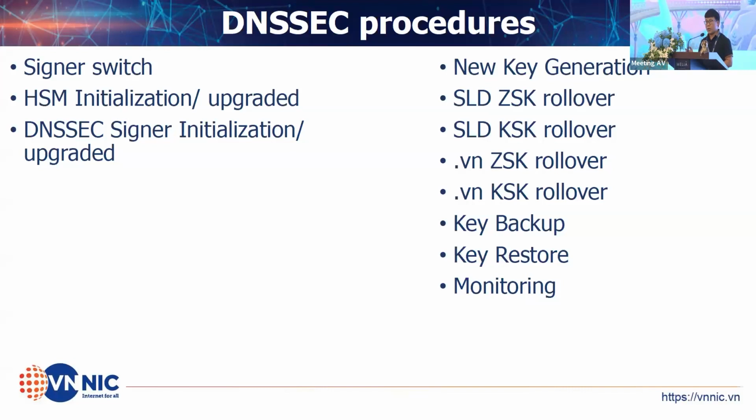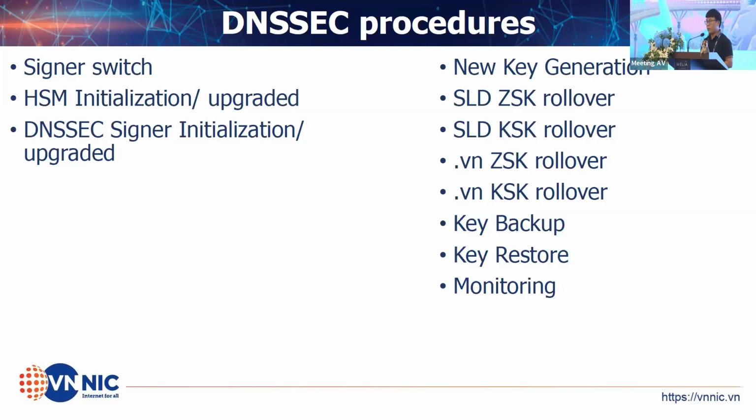We switched the signer first, and then we had to upgrade the firmware of the HSM to the latest version and the newest OS on the DNS signer. Now on the DNS signer we use Red Hat for the OS and BIND for the DNS software, so we have to upgrade the OS and the DNS software.